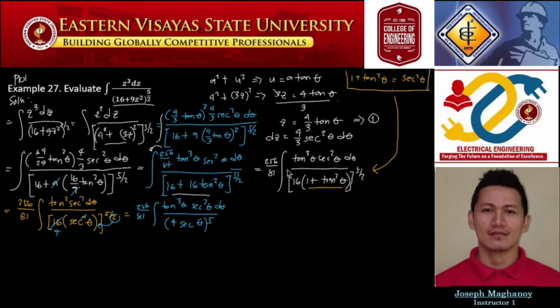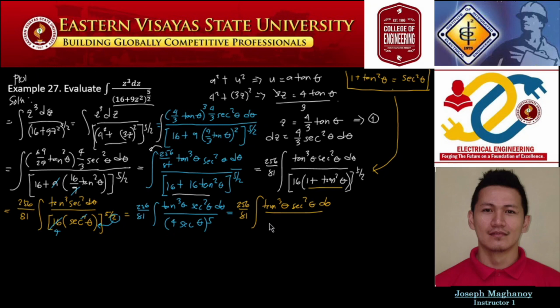Then apply the fifth root again. If we apply our fifth root, it would be the fifth root of 4 to the power of 5 secant. So that is 256/81 integral of tangent cubed theta secant squared theta d theta.